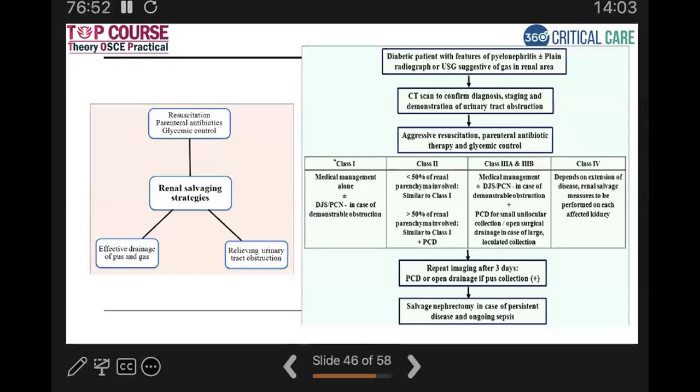Unless you do this, the patient will not recover. That is why calling urology and taking the surgical opinion as early as possible is very important in pyelonephritis and emphysematous pyelonephritis when they have higher grades of infection.